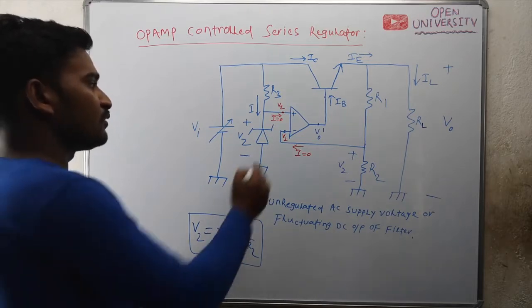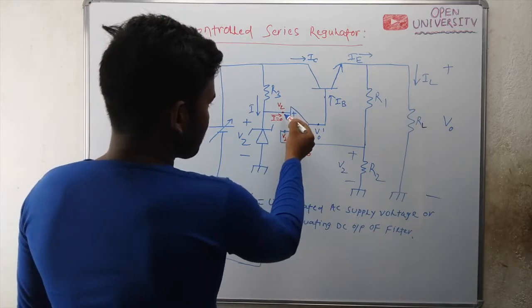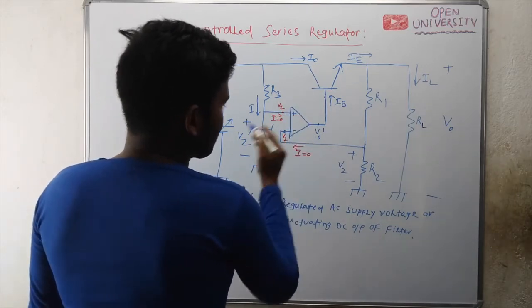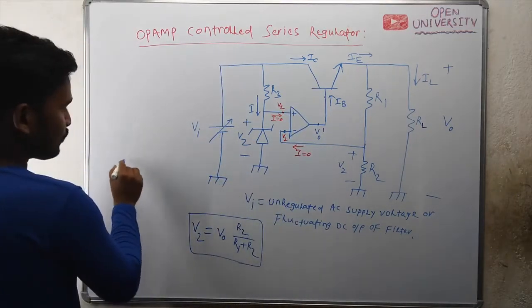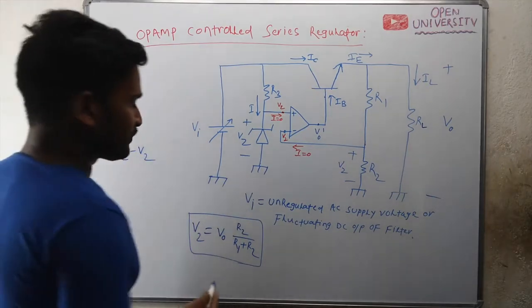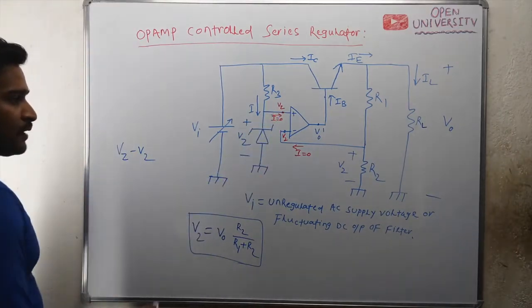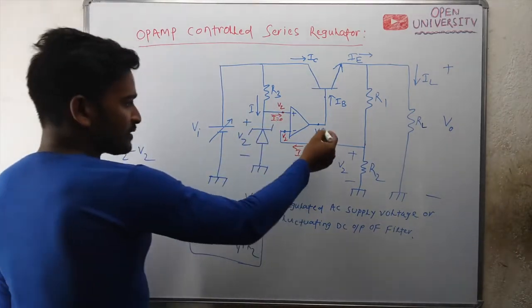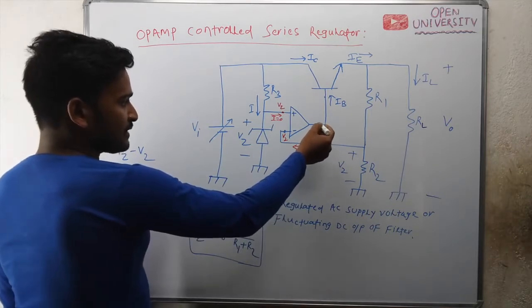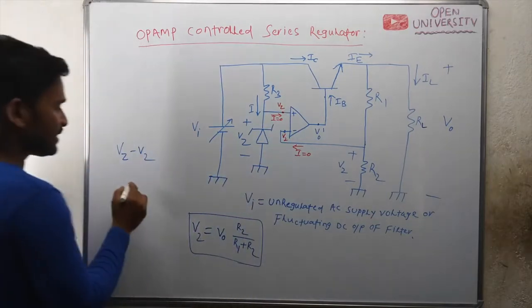Now the net input to the op-amp will be the difference of Vz and V2, that is Vz minus V2. V0 dash is the output voltage, and this output voltage depends upon the input voltage Vz minus V2.